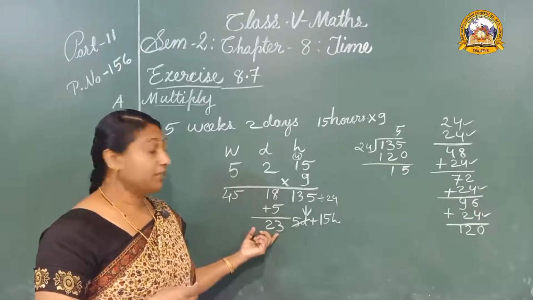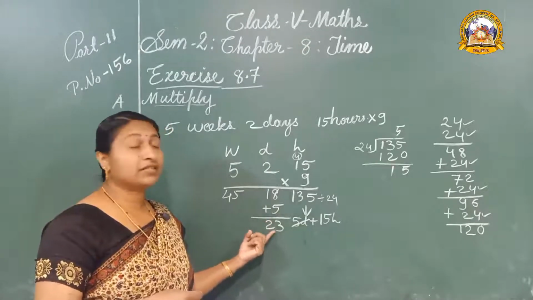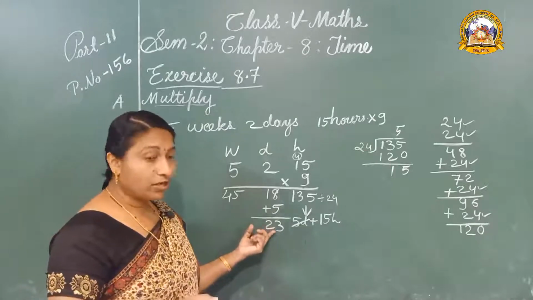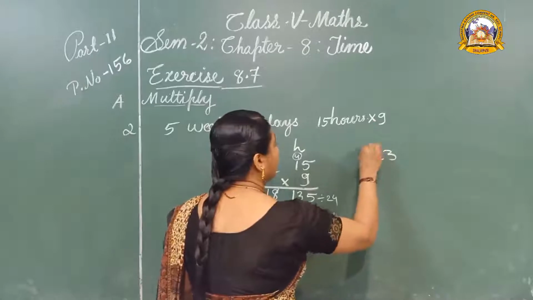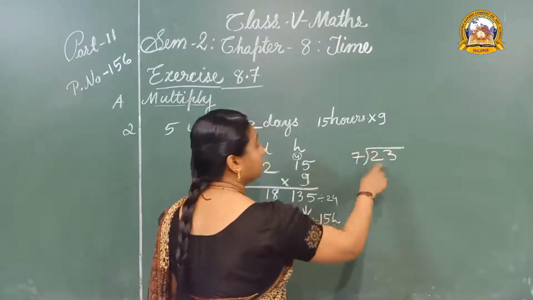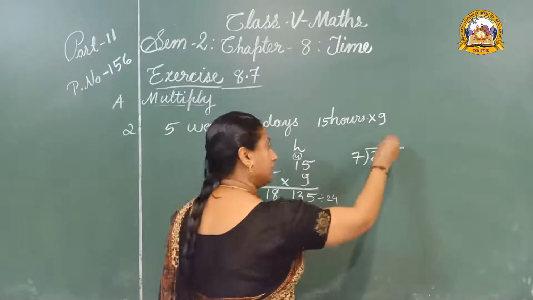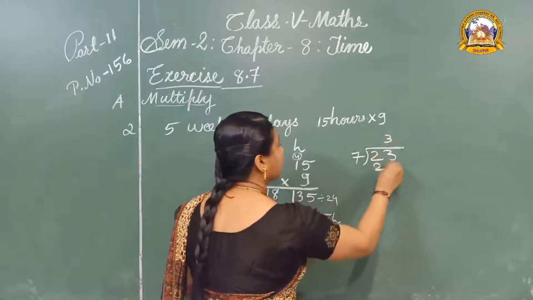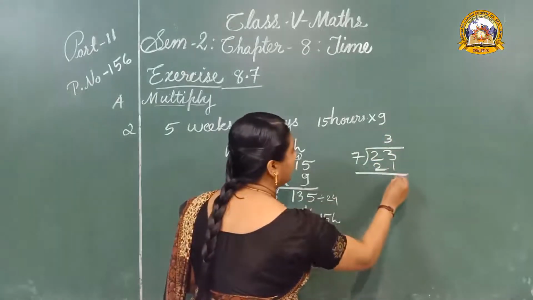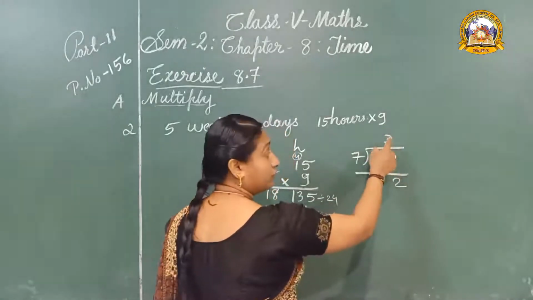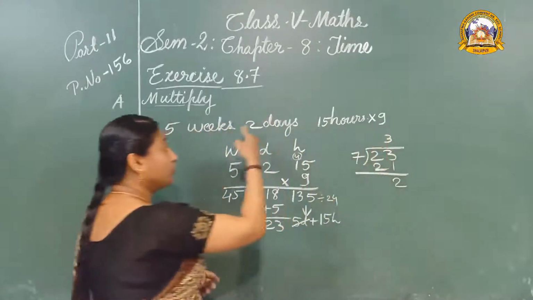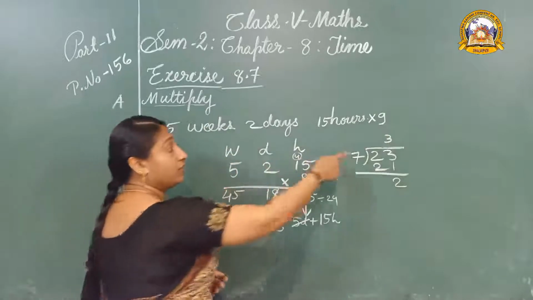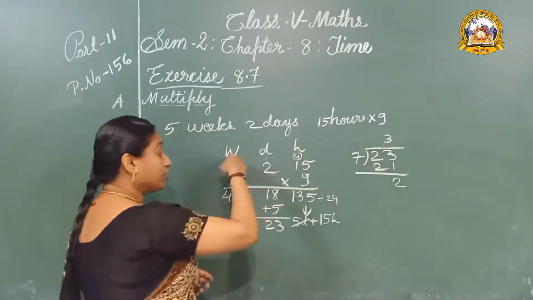So we have to check how many 7s are there in 23. Let us divide 23 by 7. How many 7s are there? Yes, 3 7s are 21. Then remainder 2. So children, this quotient will go to the next column. Means 3 weeks.